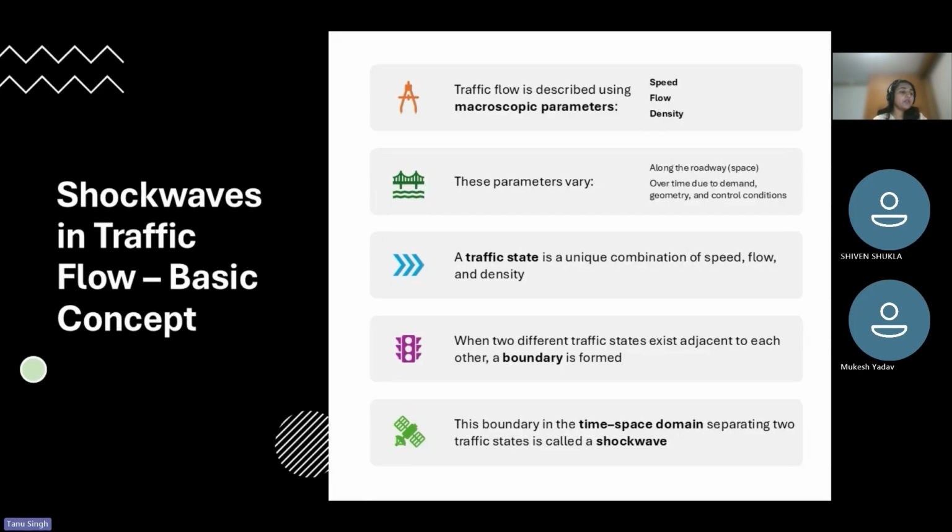Now, when traffic moves from one state to another, for example from free flow to congested, a boundary is formed between these two states. This boundary separates two different traffic states in the time-space domain, and this boundary is what we call a shock wave. Therefore, a shock wave represents a location where traffic conditions change abruptly over space and time.